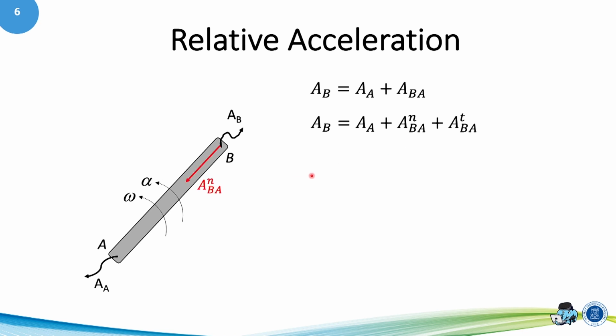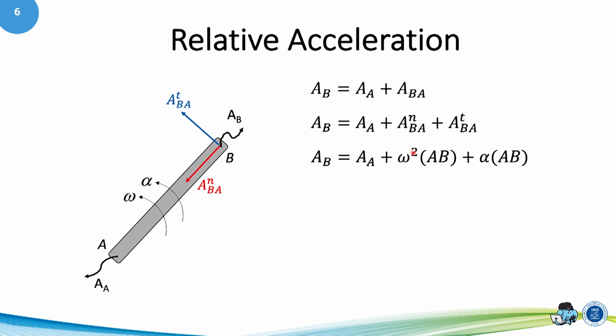In the case of acceleration of B relative to point A, or ABA, A can be assumed as the center of the rotation. So the direction of ABA normal goes to the point A, as you can see in the slide. And then the direction of the ABA tangential still depends on the alpha. That is, it goes to the left because the direction of the alpha is counterclockwise.